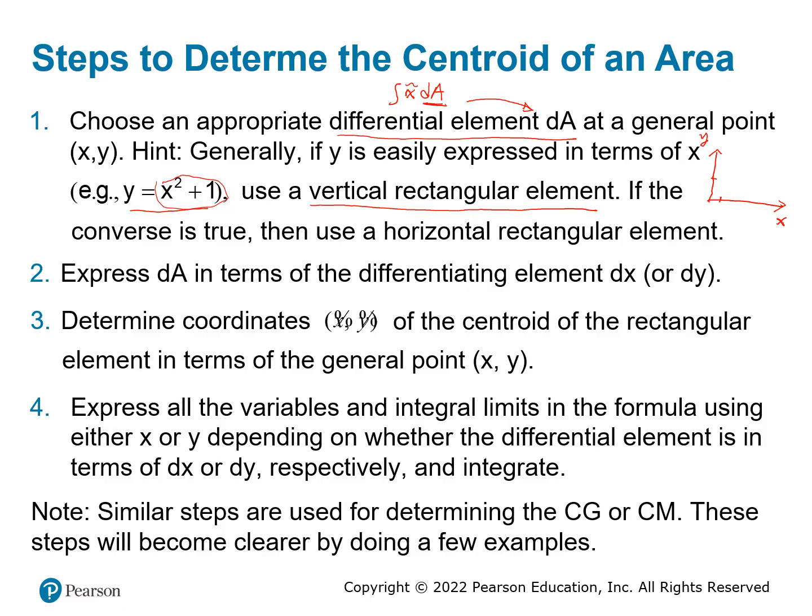If x is equal to 2, then y equals 5. If x is equal to 3, then y equals 10. So very likely the shape of this line is going to be like this.